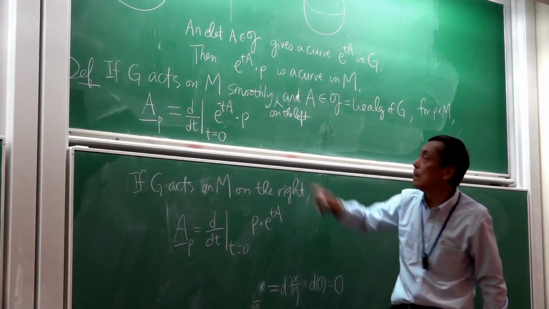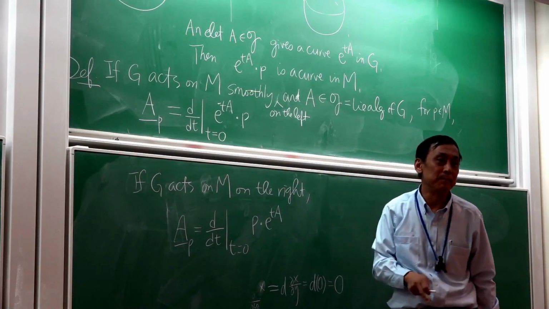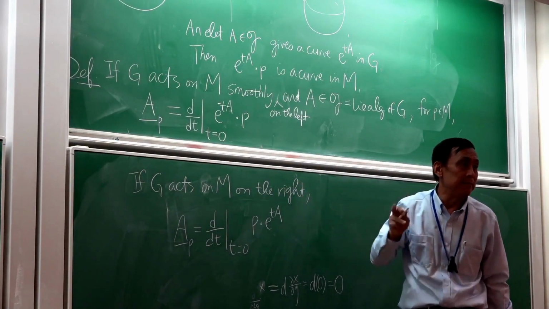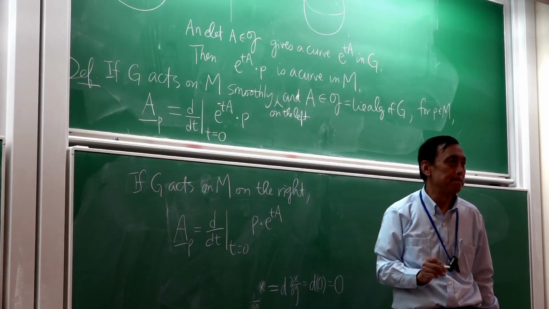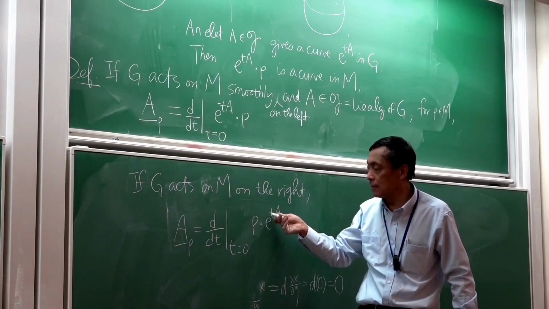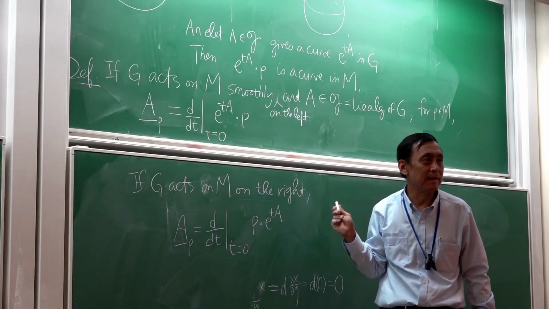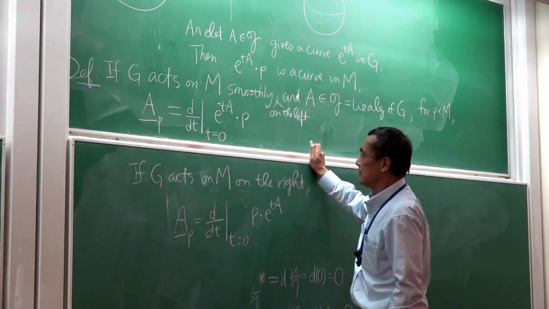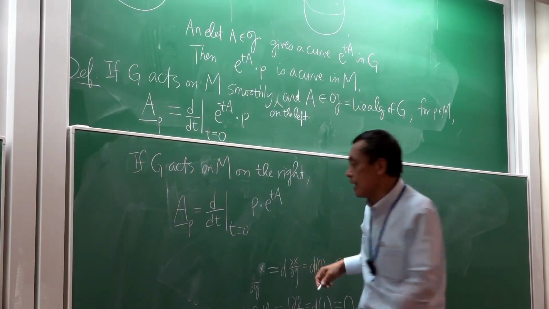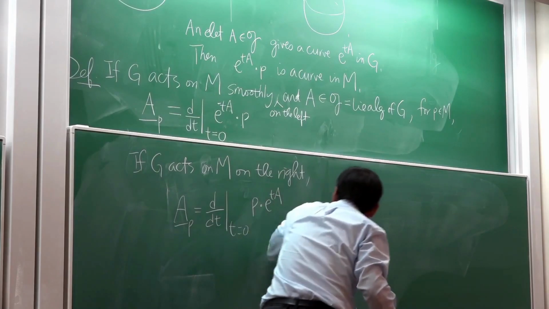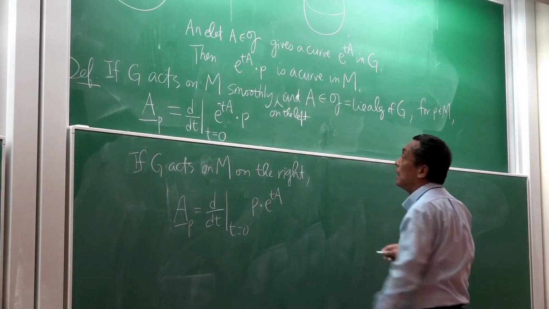This is equal to this. So if you have a left action, we will put a minus sign there. And if we have a right action, then there's no minus sign. To be consistent, then these are equal.